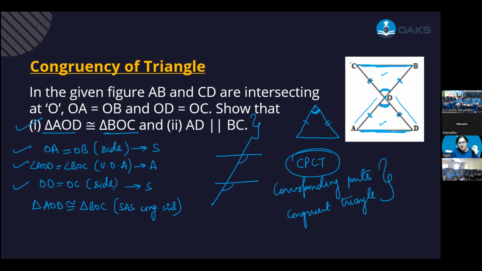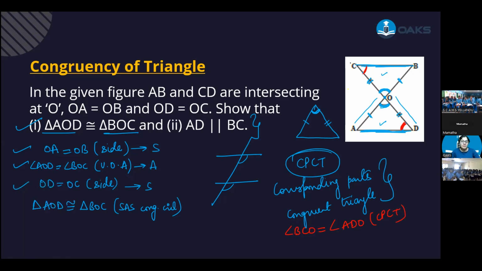So if we have this angle equal, this side equal, we can say this angle is also equal. Let me mark it with a red pen. See, this angle is also equal with the help of CPCT, because all the remaining angles will be equal to the other triangle. So we can say angle BCO is equal to angle ADO by CPCT.